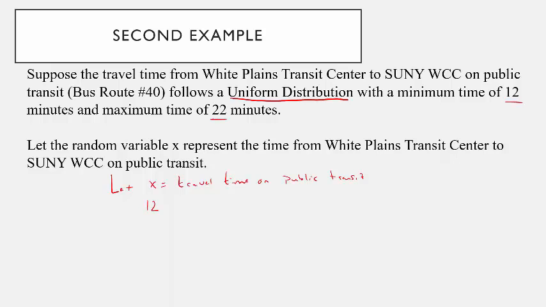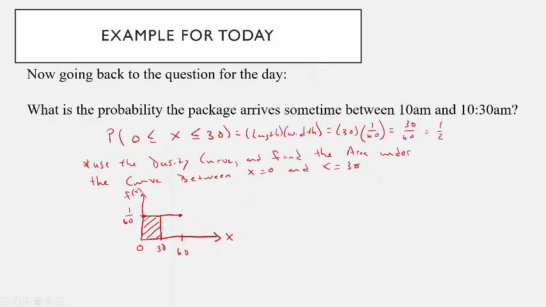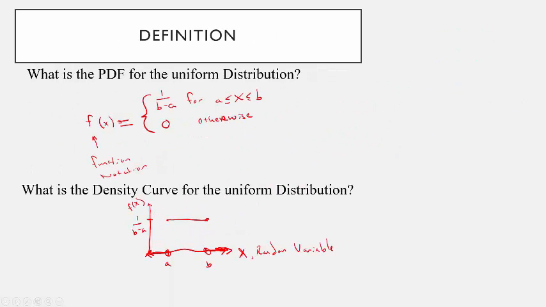So this value of x can only go between 12 minutes and 22 minutes. So right off the bat, you're seeing your a and your b. And then I'm telling you that it's a uniform distribution. So you can start to see how it's going to fall into place. Uniform distribution. I know this is the formula for the probability density function, and this is what the density curve is going to look like.